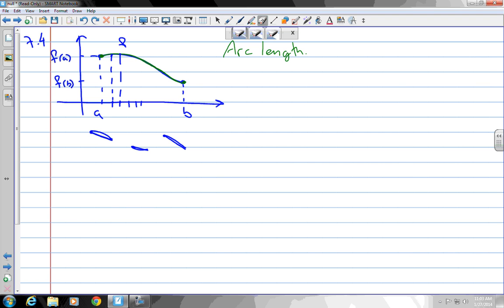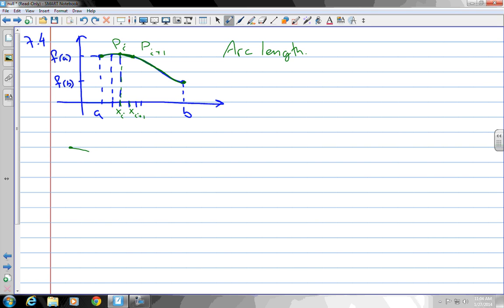So let's see what we're going to end up with. If I take 2 points, let's say these 2 points, x sub i and x sub i plus 1, I'm going to zoom in here eventually, but let's do some labeling. Let's call this point p sub i and this point p sub i plus 1. So this is what I'm looking at.